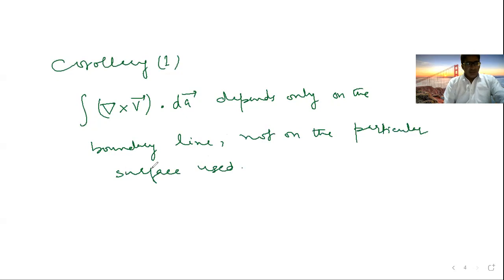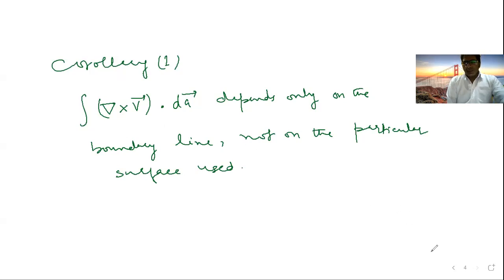I've already explained it. This follows from Stokes theorem.